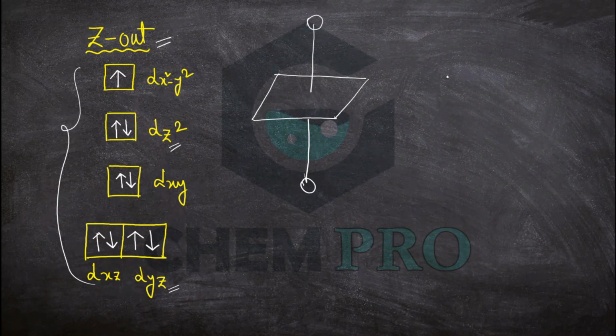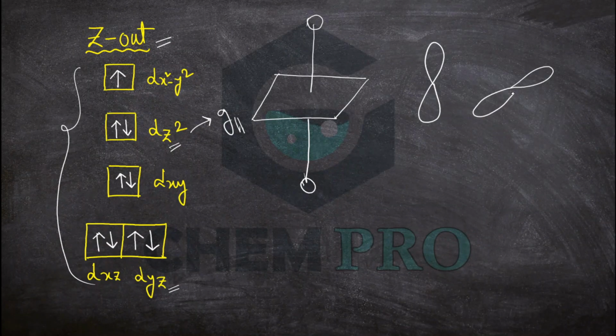As we discussed, the orbitals along the Z axis will give the G parallel value and the orbitals along the X and Y axis will give the G perpendicular value.